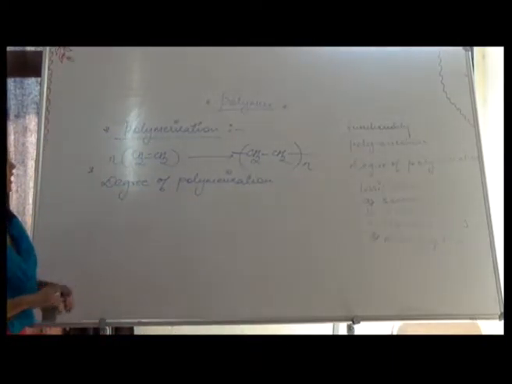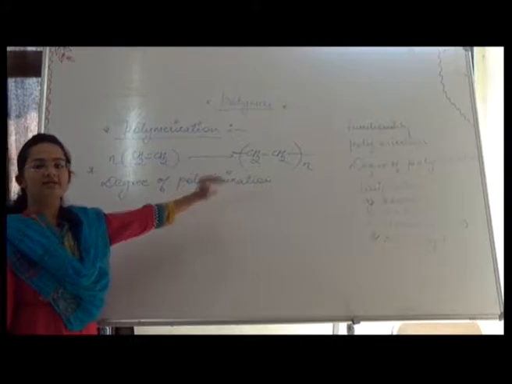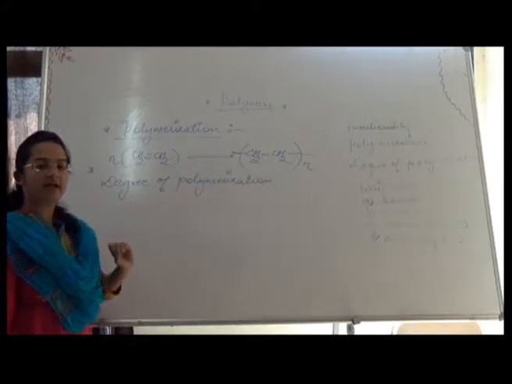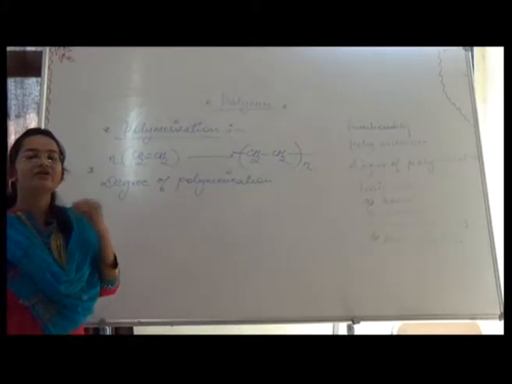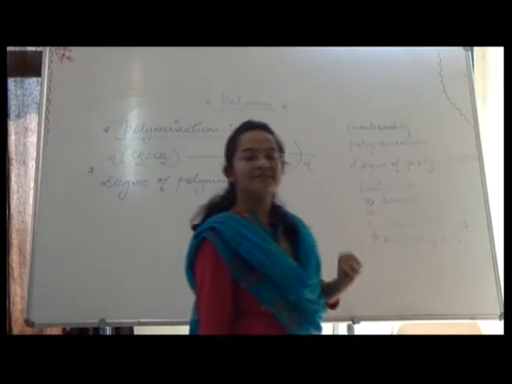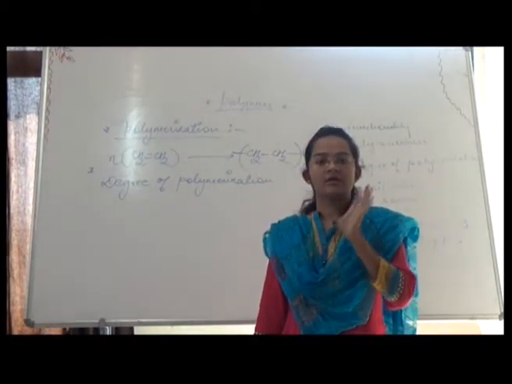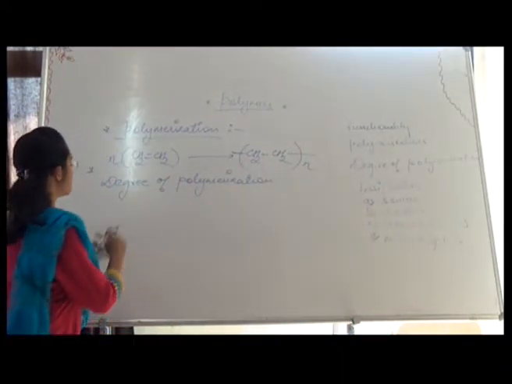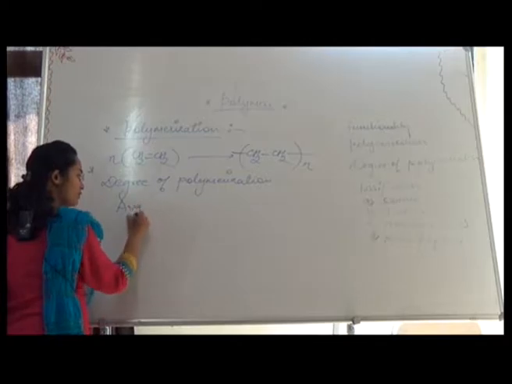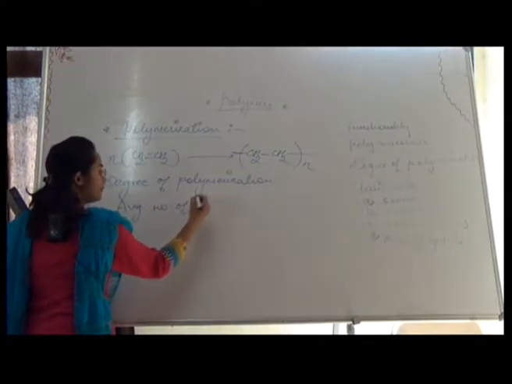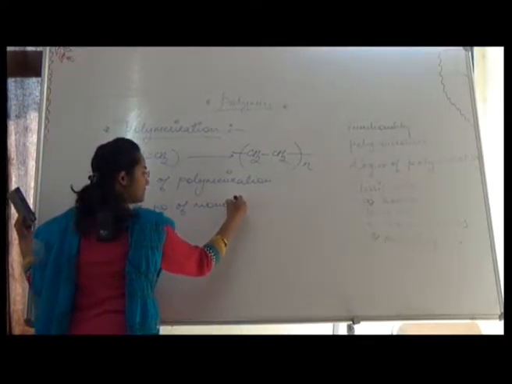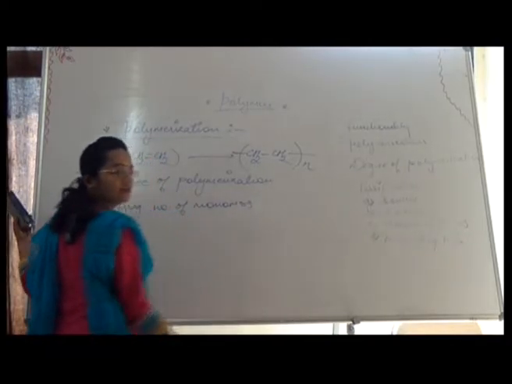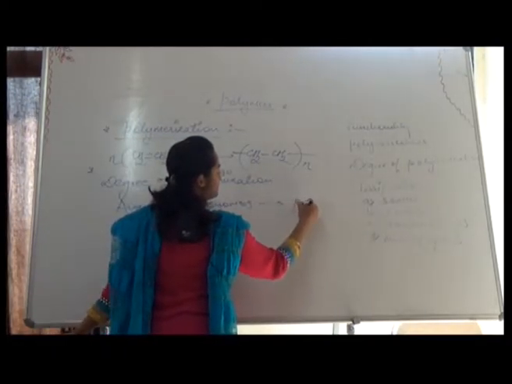So, the next point that we are going to see is the degree of polymerization. Now, degree of polymerization is defined as the average number of repeating units present in a polymer. So, degree of polymerization is the average number of monomers present in a polymer.